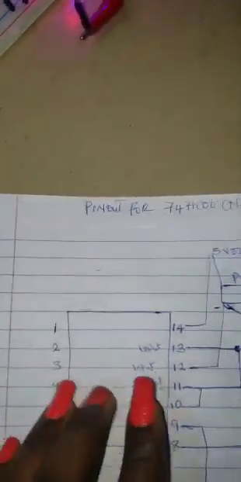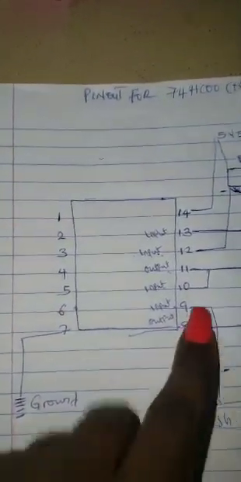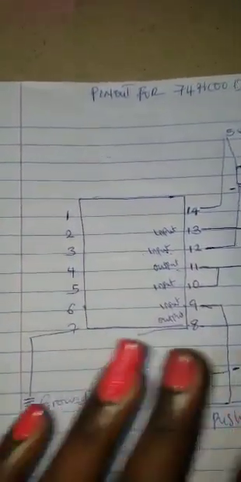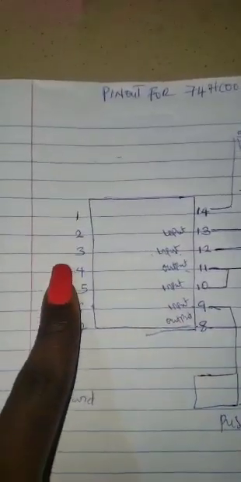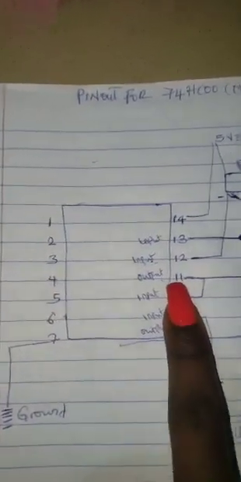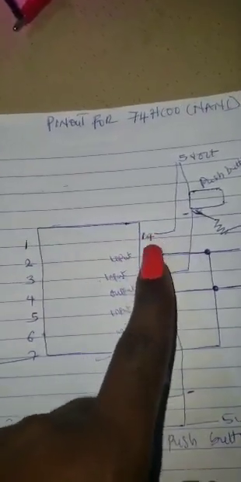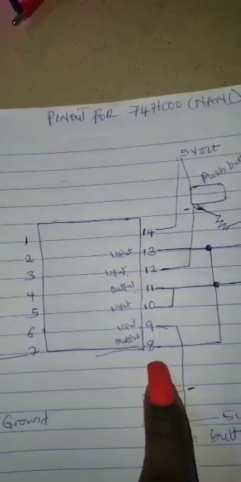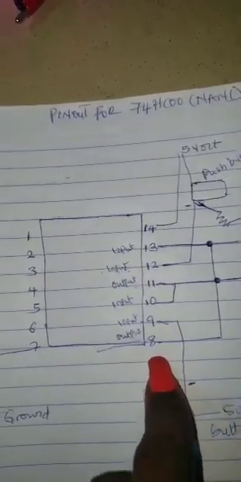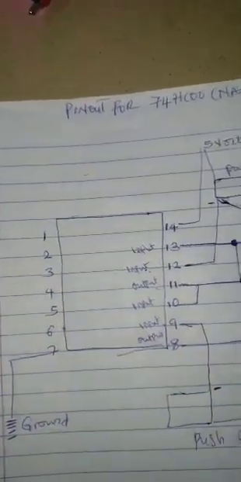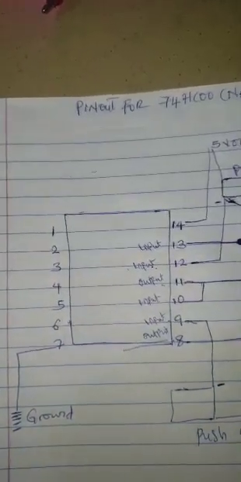For the chip we're using as a NAND gate, we're using the 74HC00 NAND gates. We have 4 NAND gates on this chip, 2 on the left-hand side and 2 on the right-hand side. We're using 2, from pin 13 to 8, which forms the third gate and the fourth gate.